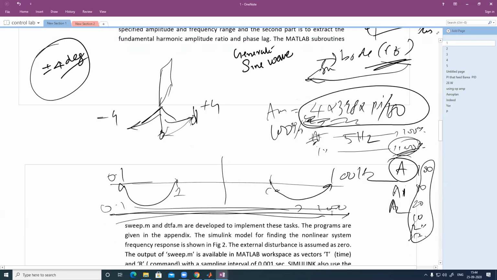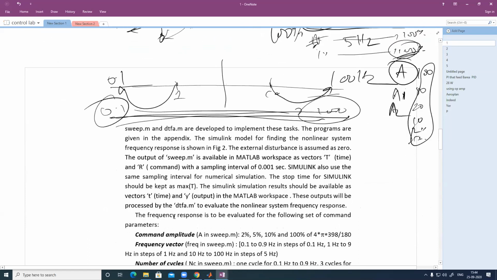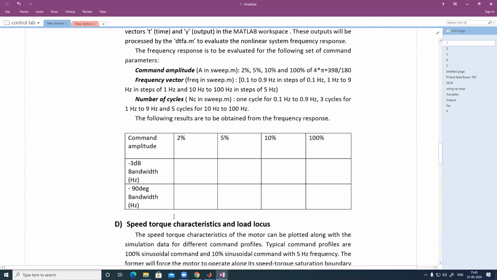And you are changing the frequency from 0.1 to 100 Hz. So you have to generate a sine wave, and that sine wave amplitude is 100% amplitude. You have to generate 1 decade below and 1 decade above. So 0.1 to 0.9 with a step of 0.1 Hz, you have to generate a sine wave.